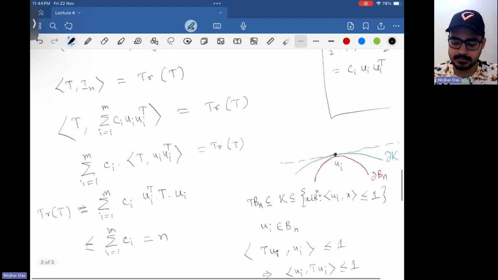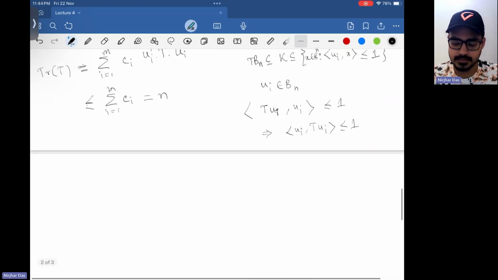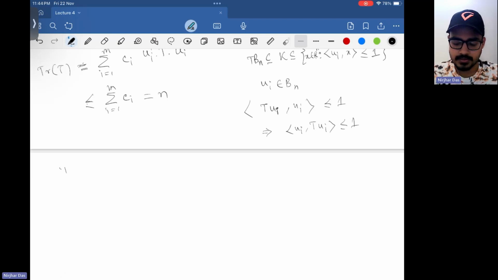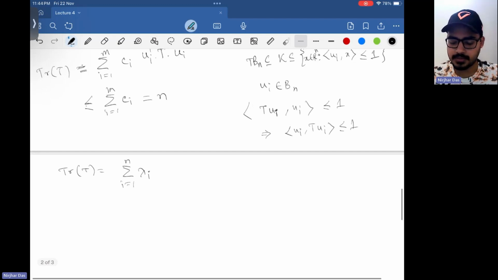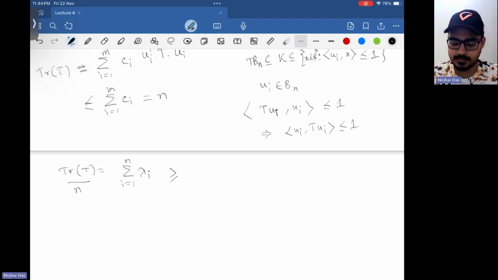Now note that the trace of T is the sum of the eigenvalues of T. And by the AM-GM inequality, the trace divided by n is greater than or equal to the product of the eigenvalues to the power 1 by n.